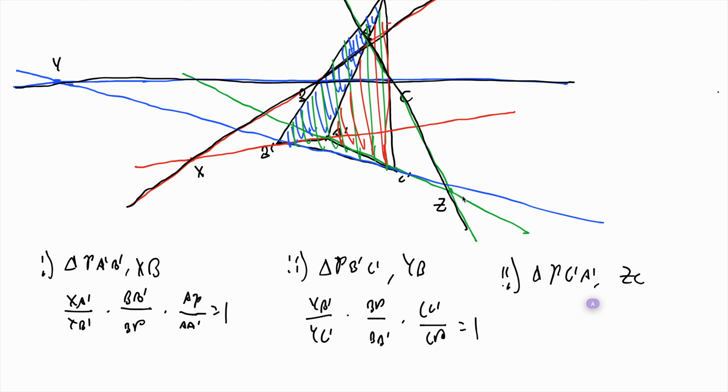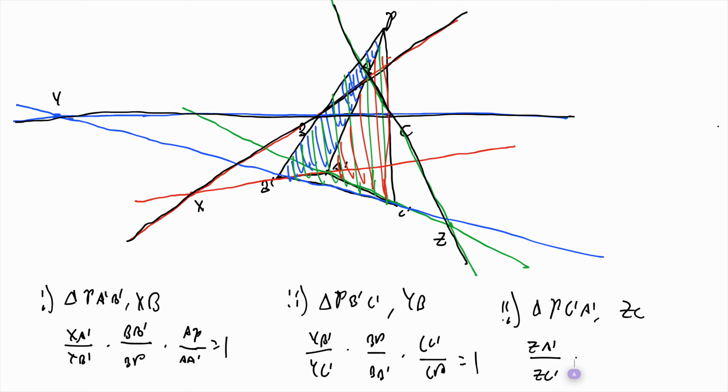But this time I want to flip it. And what I mean by flipping is reciprocating everything. So we have A, but we do this one first, times we didn't do this one, so we have to do this one. AP over AA prime times we did this side, we did that side, we didn't do this side yet.